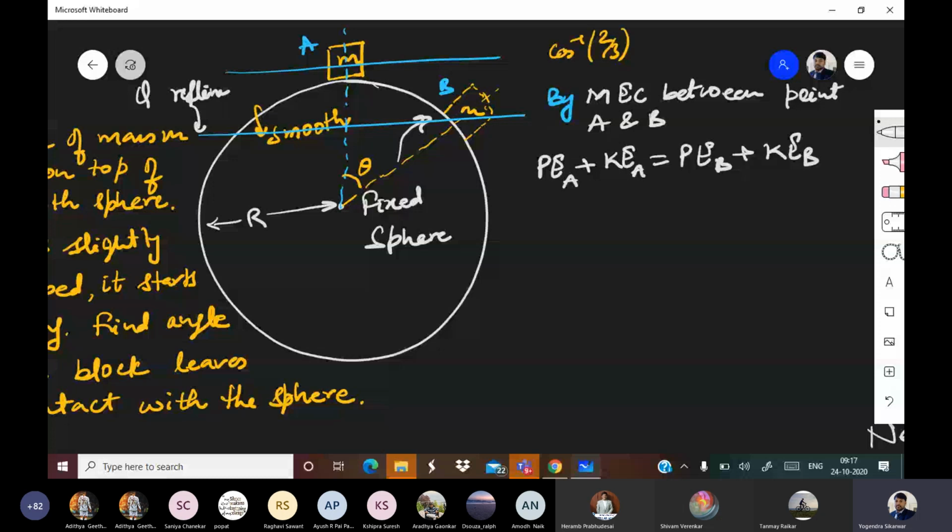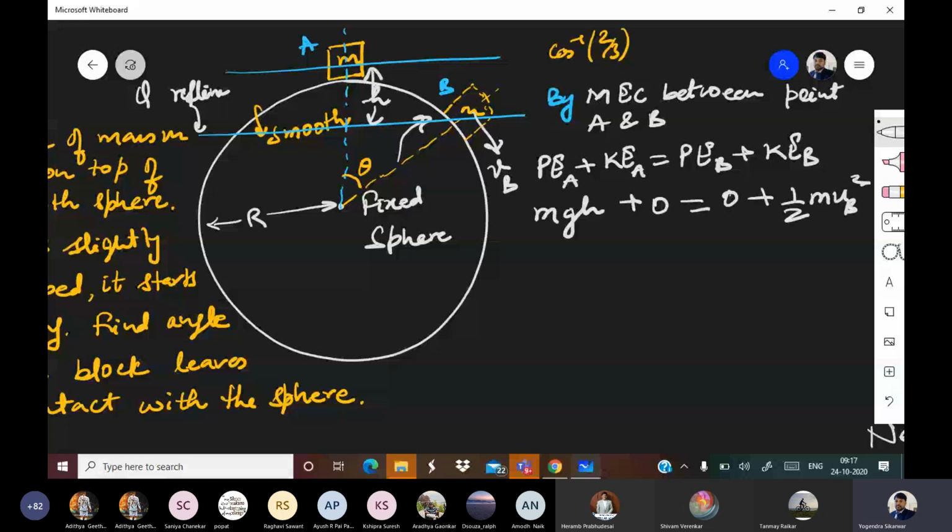Now PEA is how much? Pay attention. So that will be H. So MGH plus 0 is equal to PB will be 0 and KB will be half M VB square. So velocity at that point will be VB. So that is half M VB square.